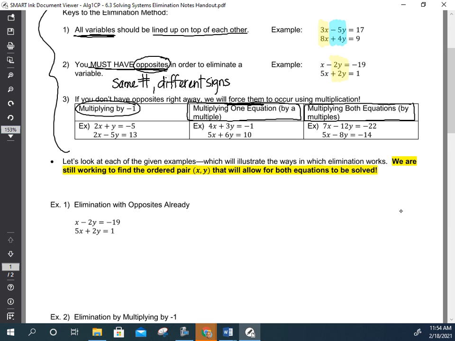Those of you who are staying remote, these packets are left at door 12 that you can always pick up so that you have the same packet. So they're not getting an advantage over you in that regard.